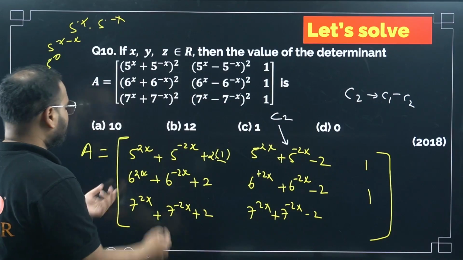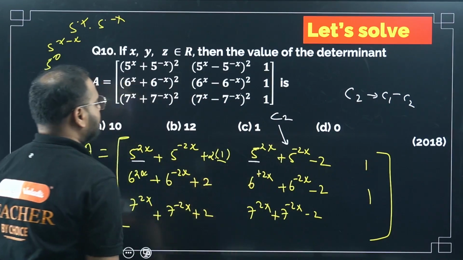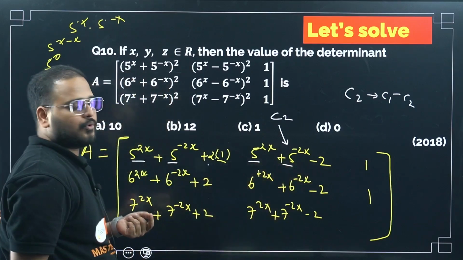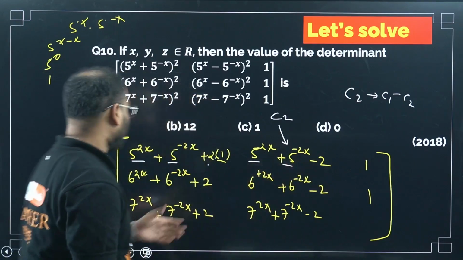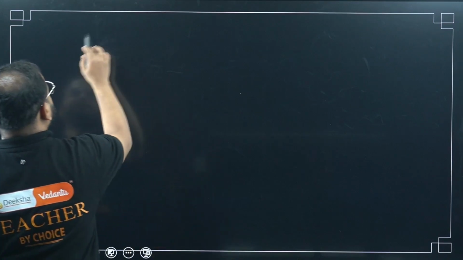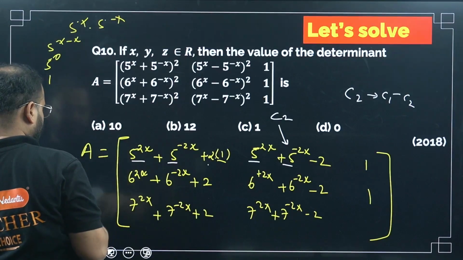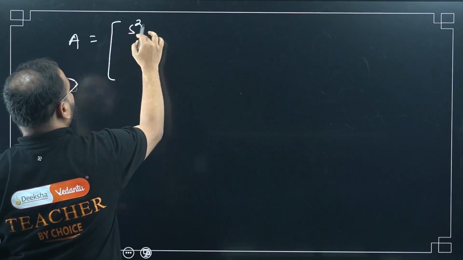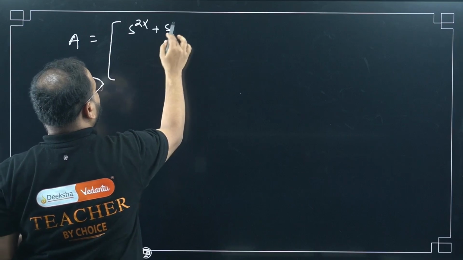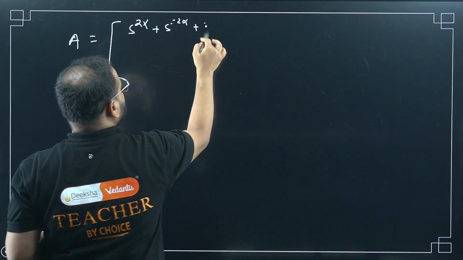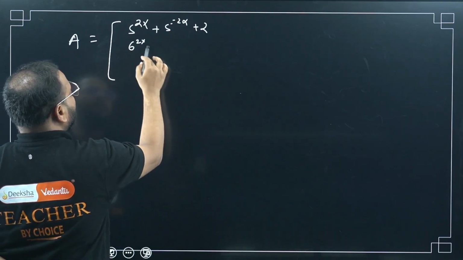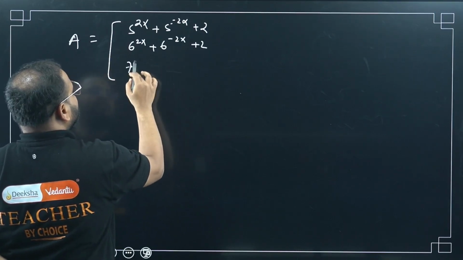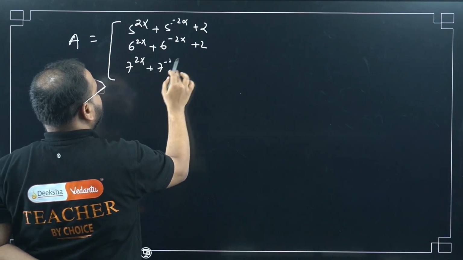If I do that, this will cancel this, this will cancel this, and this minus this will become plus 4. 2 minus minus 2 will become plus 4. So I can rewrite this statement as, this is what matrix A is equal to: 5 power 2x plus 5 power minus 2x plus 2, this will remain the same, 6 power 2x plus 6 power minus 2x plus 2, and 7 power 2x plus 7 power minus 2x plus 2.